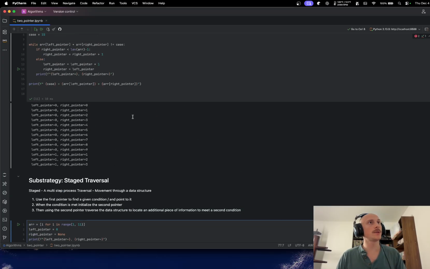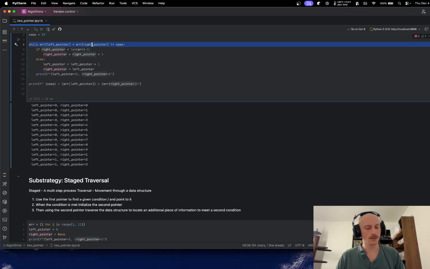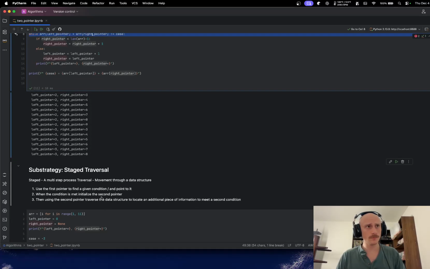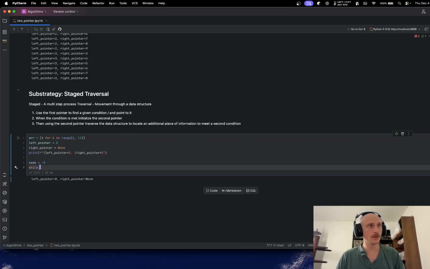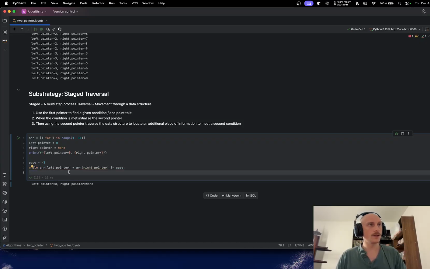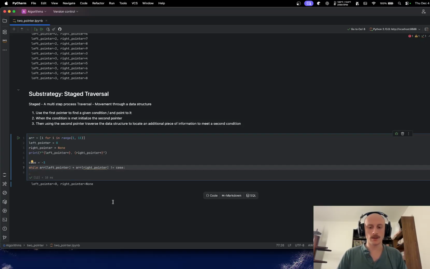We can just go up here, copy our case. While left pointer minus right pointer does not equal the case.